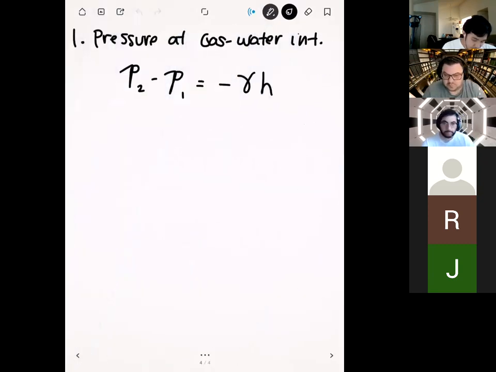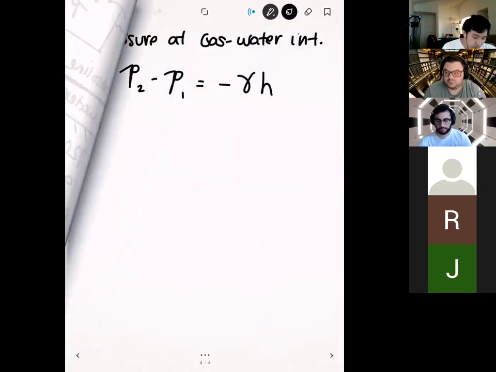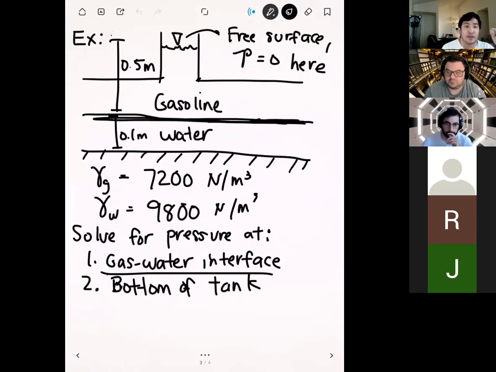Okay. So in this case, we need two locations. It would help if we picked a location where we know the pressure already. So let's pick the free surface here. This will be our point 2. And then our point 1 will be at the interface between the gas and the water.